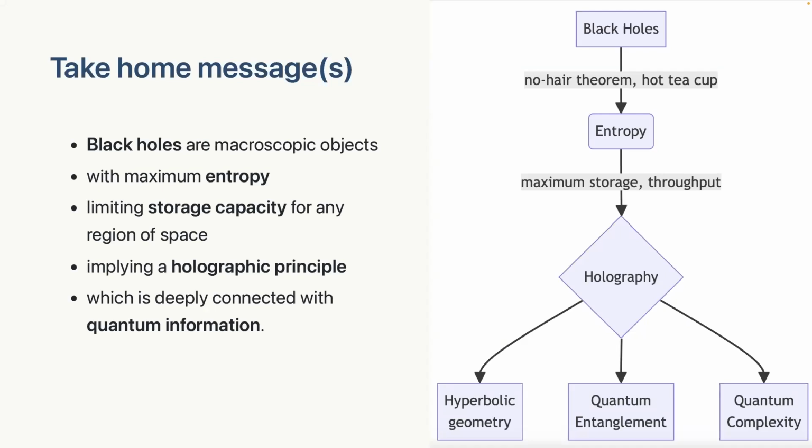That entropy is a quantum mechanical concept in this case. It gives you the maximum storage capacity for that region of space. And because it's a region of space bounded by a surface, where you can only see the surface of it, that implies the holographic principle, which is deeply connected with quantum information.